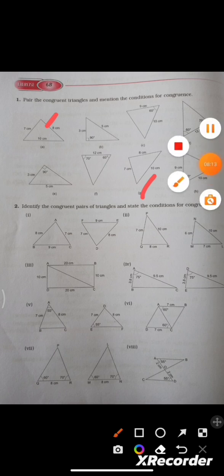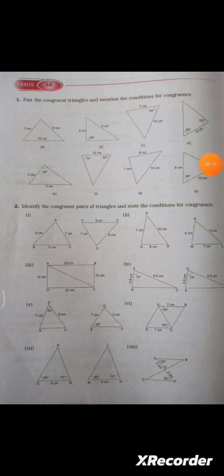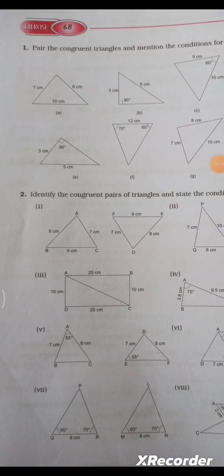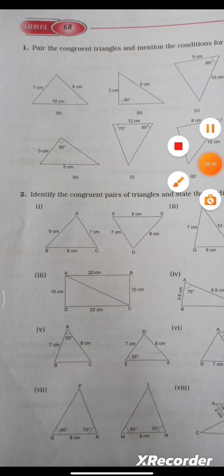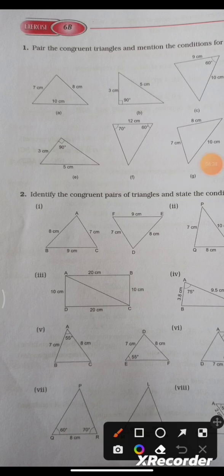Now if you look at question number 2, the first part, you have to tell whether this pair is congruent, and if it is congruent, then what the criteria is. AB is 8 centimeter, and here which one is 8?